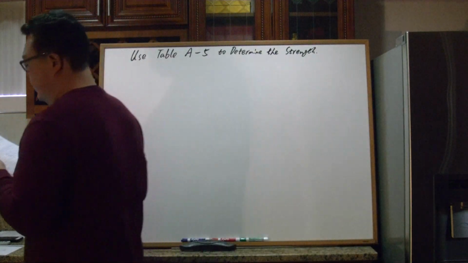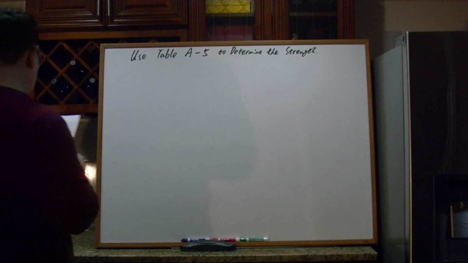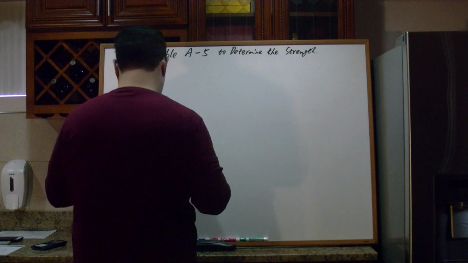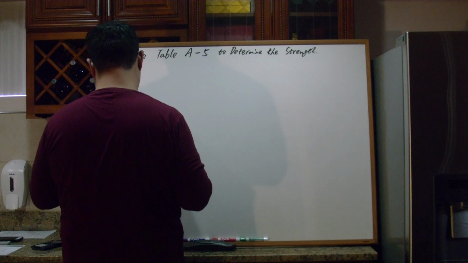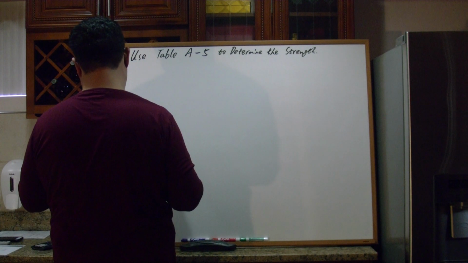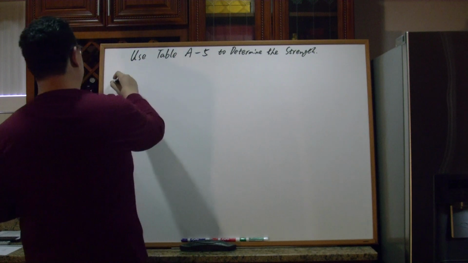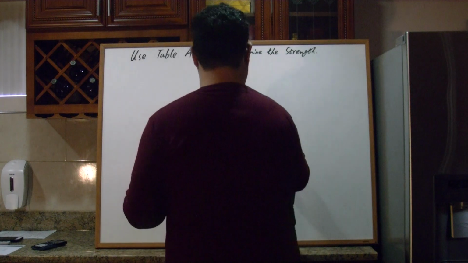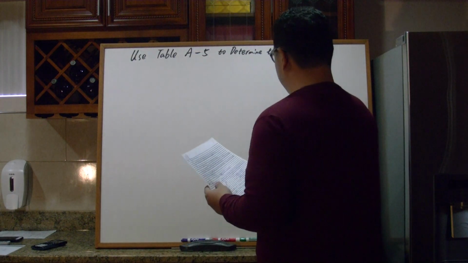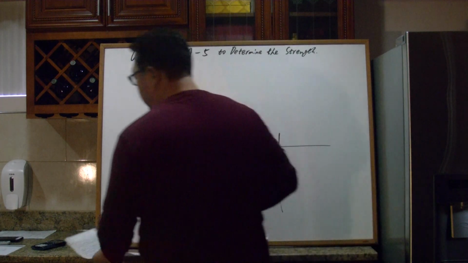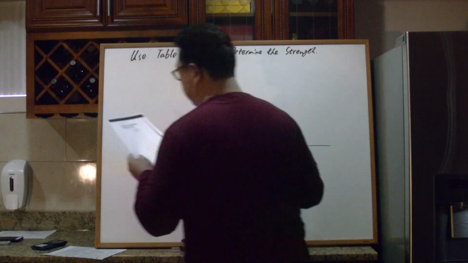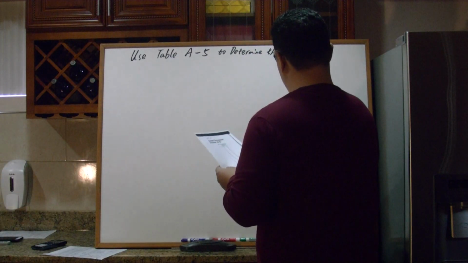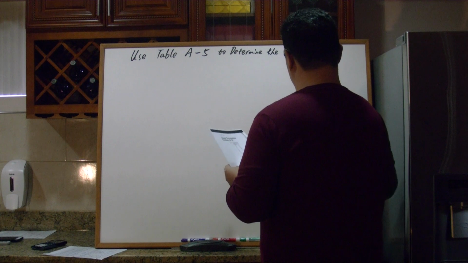Well, we have a table that looks like this: the n value here, the alpha to be 0.05 and alpha to be 0.01.